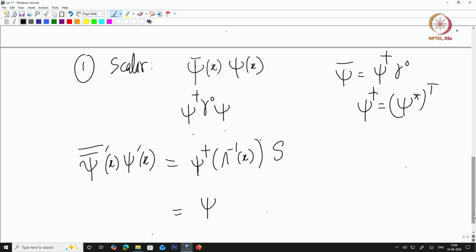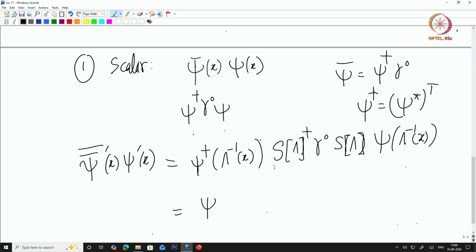So you have S of lambda dagger gamma 0 S of lambda, psi of lambda inverse of x.